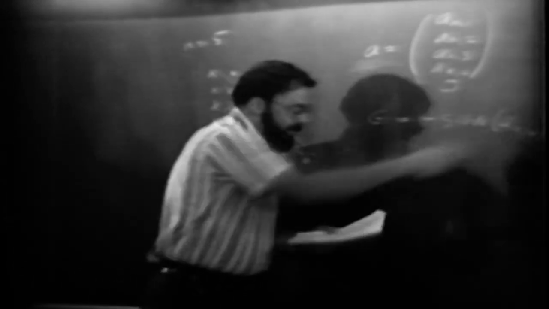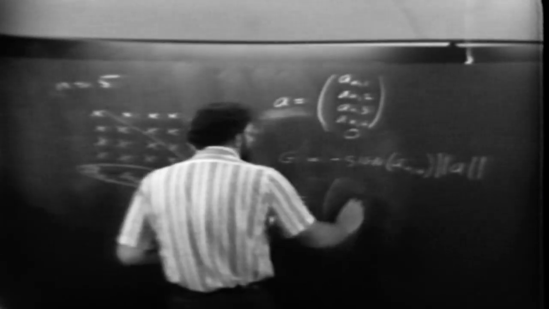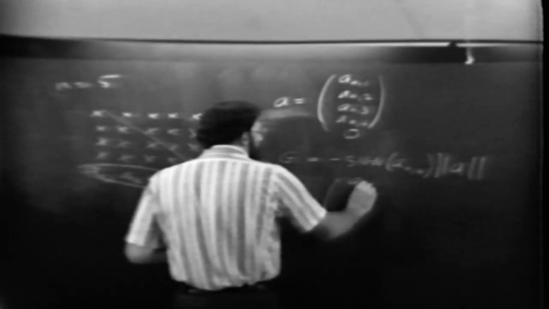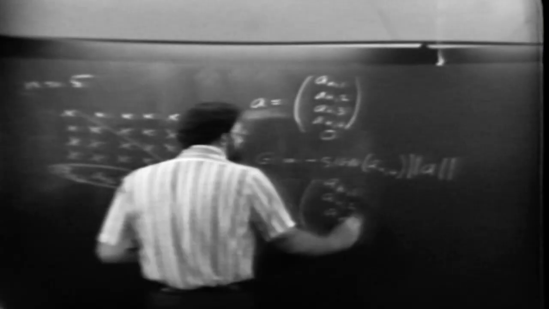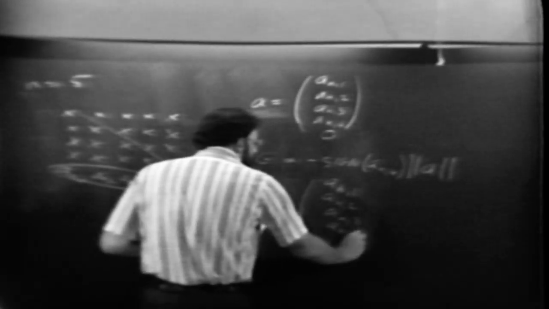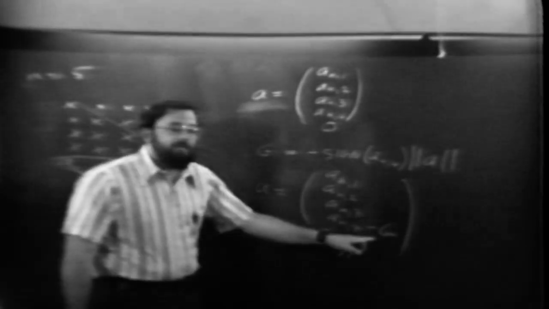So we compute the length of that vector, and then we define a new vector u, which is the same as the old vector, an1, an2, an3, except its last element is changed by subtracting g. Right? So u differs from a only in this element.